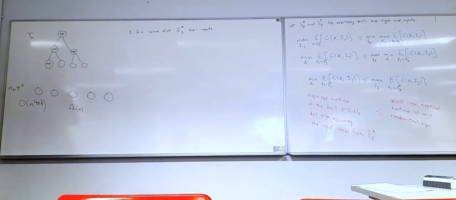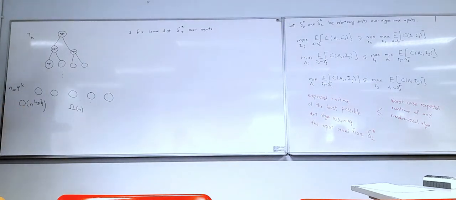Now, how do I want to fix this distribution over the inputs? I want to make sure that for any given node in this tree, the probability that the value of that node becomes 1 is the same as the probability for any other node.